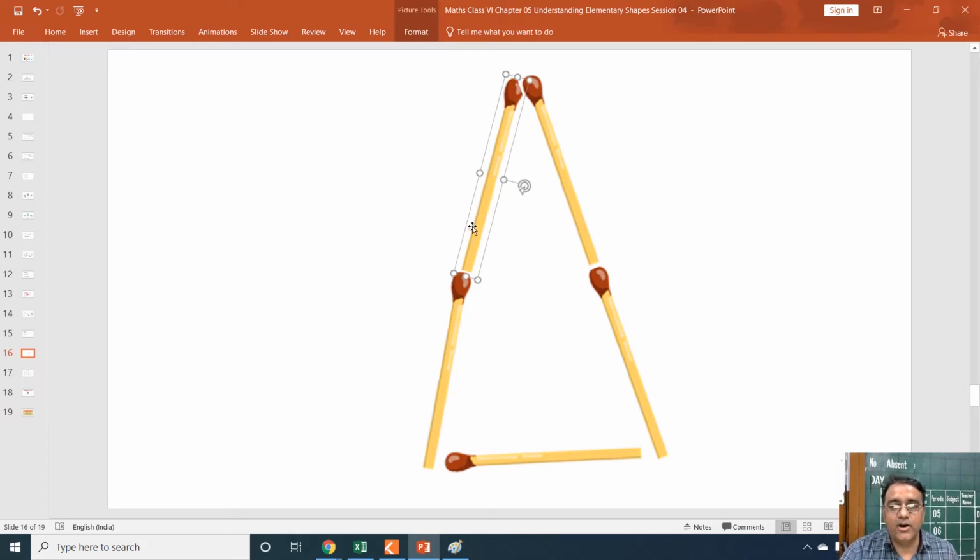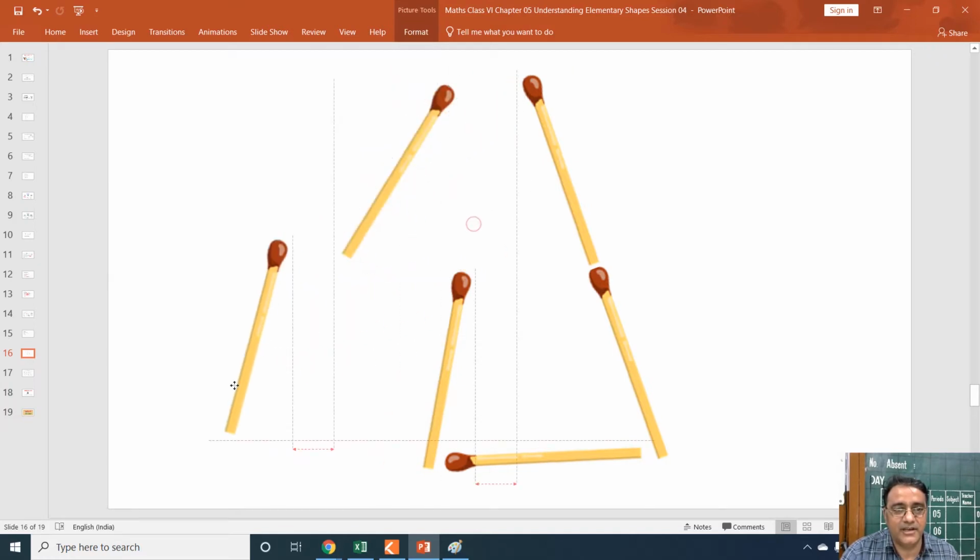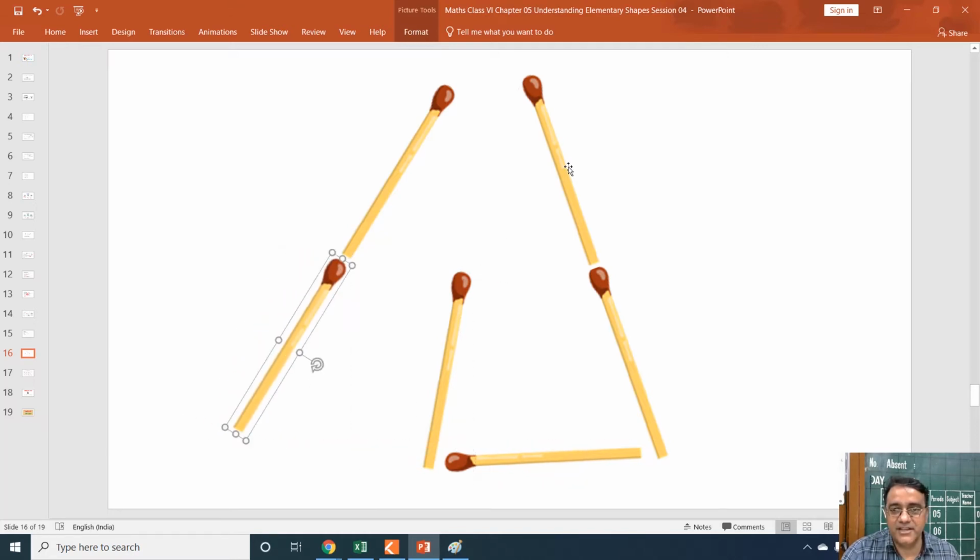If we use one more stick, 6, we can form one equilateral triangle. See, one minute, I will show that also. So this will be one side, two matchsticks will be one side.